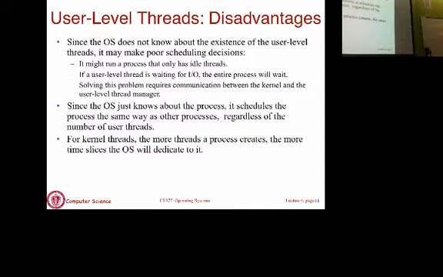In kernel level thread packages, if one thread blocks, only that thread is blocked. Because the kernel knows about other threads, it can put only that thread on the wait queue, and the other threads can still sit in the ready queue and get scheduled. So the process as a whole can continue to make progress even if some of the threads are blocked. This is a big difference between user level and kernel level.